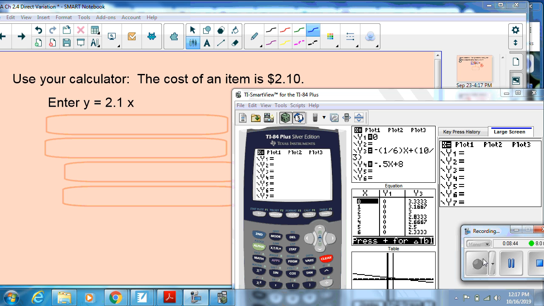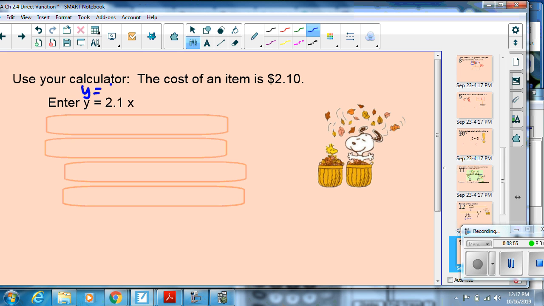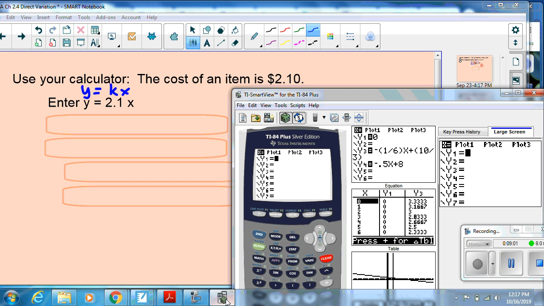All right, so go ahead and go into y equals in your calculator and enter in this equation, y equals 2.1x. Now this is direct variation because it's in that form, y equals kx, and my constant of variation is 2.1. So let's go ahead and enter that in.